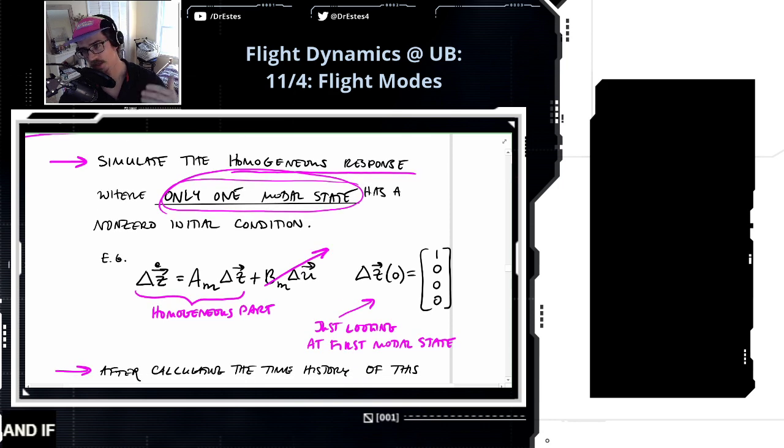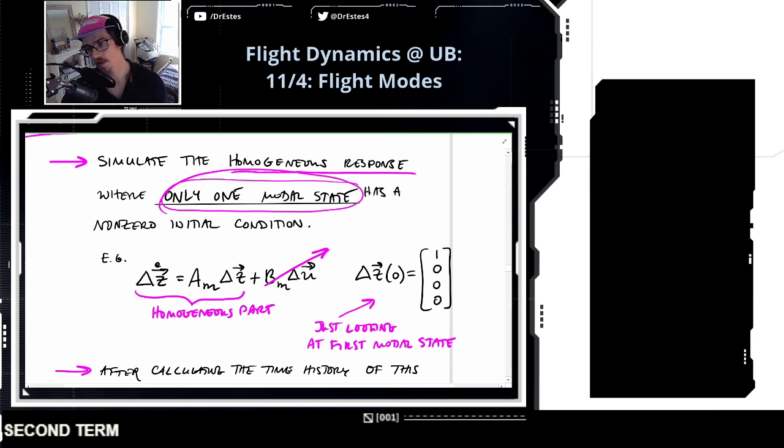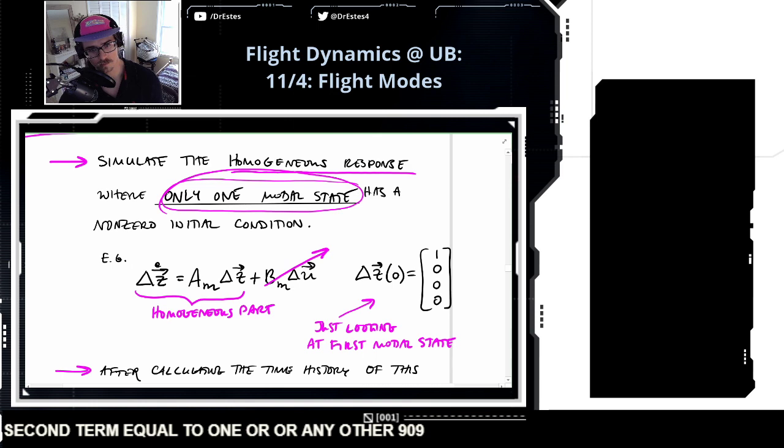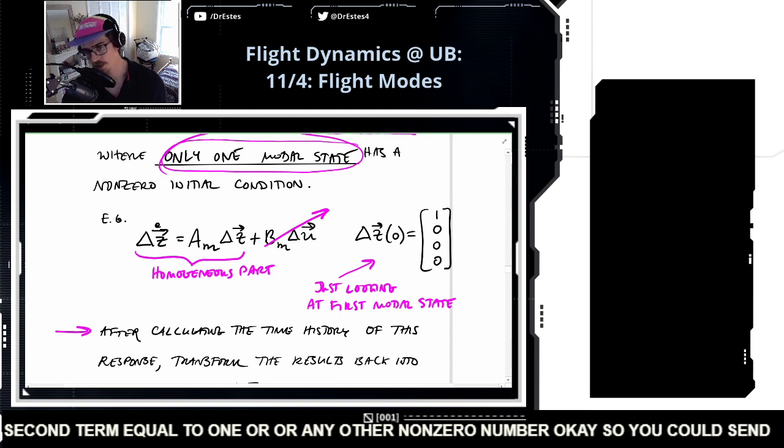And if I wanted to just look at the second modal state, well, I would just make that second term equal to 1 or any other non-zero number. Okay, so you could simulate this system using ODE45, other commands, whatever.